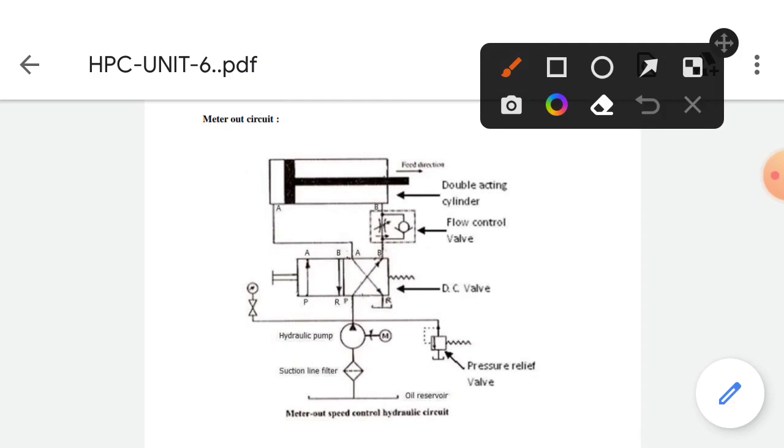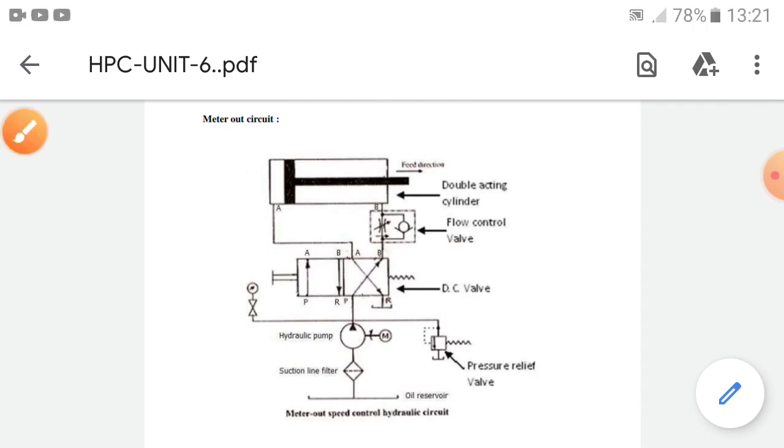In that circuit, we can use a variable flow control valve in between the DCV and actuator on a return line. So this is the diagram of the meter out circuit.